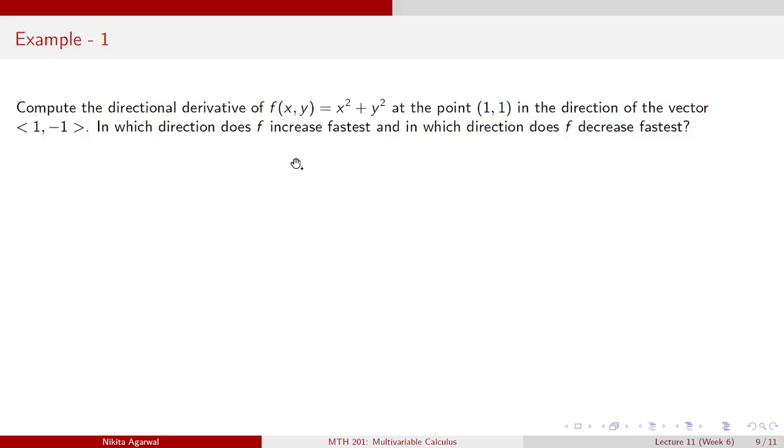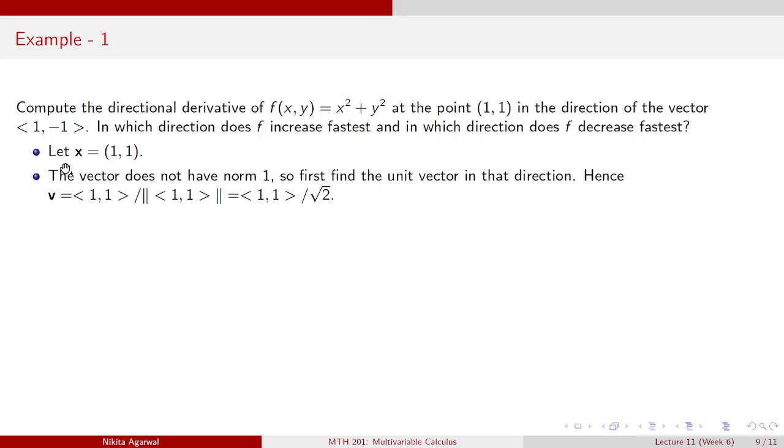Compute the directional derivative of f(x,y) equal to x square plus y square at the point (1, 1) in the direction of the vector (1, -1). In which direction does f increase fastest and in which direction does f decrease fastest at this point (1, 1)? So suppose I call this point (1, 1) as x.